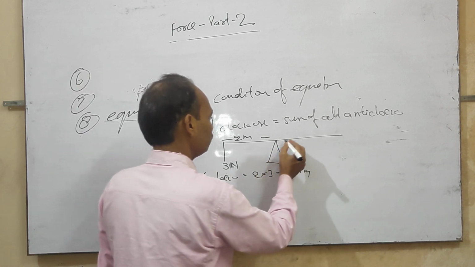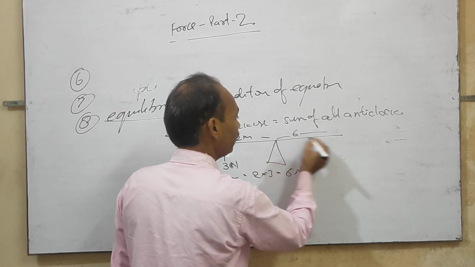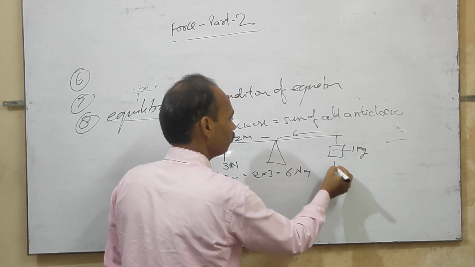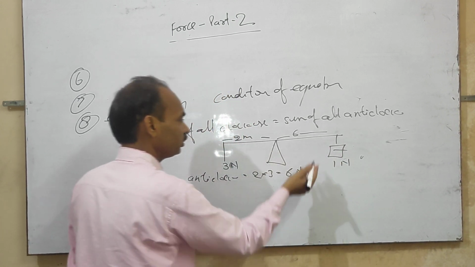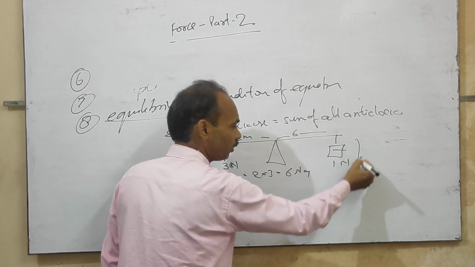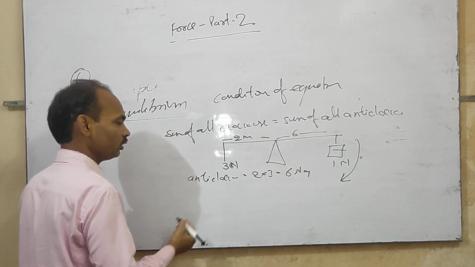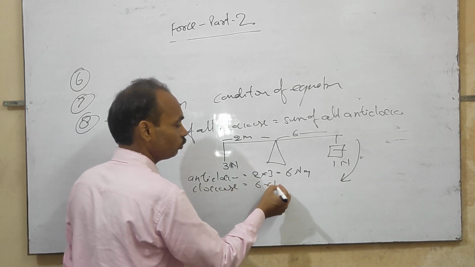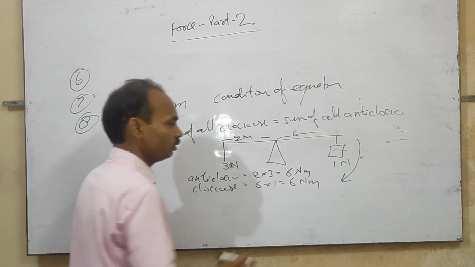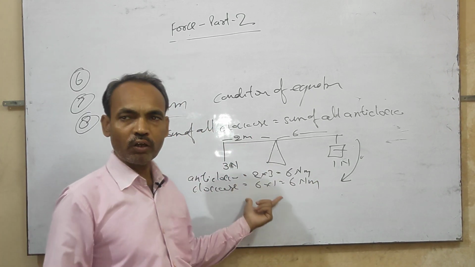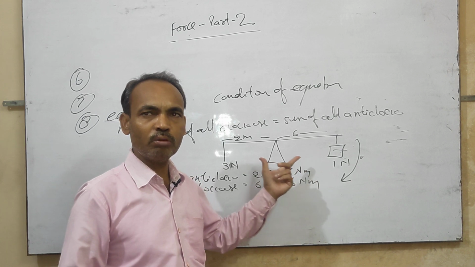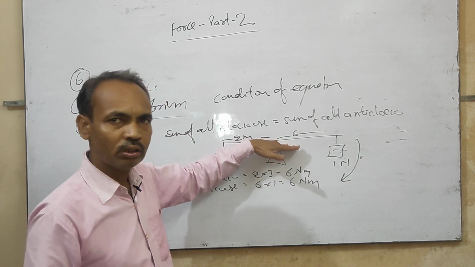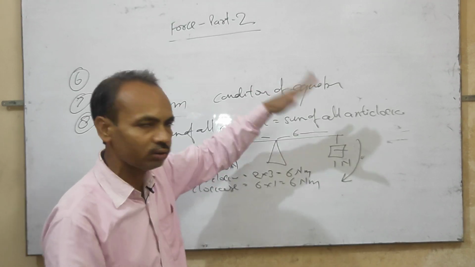And if at 6 meters a weight of 1 kg, that is 1 Newton, is applied, the clockwise moment is 6 into 1, equal to 6 Newton meter. So here the clockwise and anti-clockwise moments are the same, so the body will be in equilibrium and it will be horizontal.